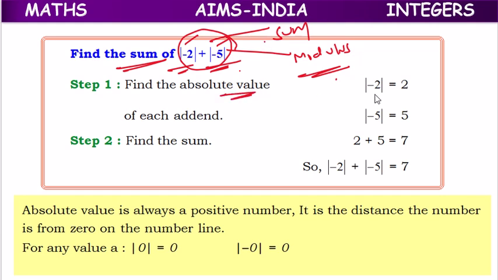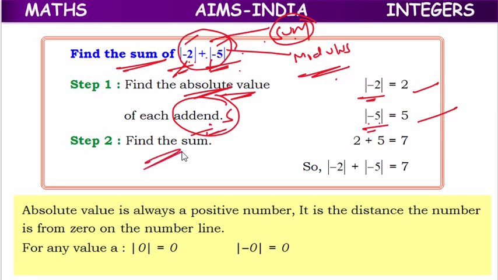Absolute value of -2 is 2. Absolute value of -5 is 5. These two are considered as addends. We have to find the absolute value of the addends, then find the sum. Now the sum: 2 plus 5, 7.